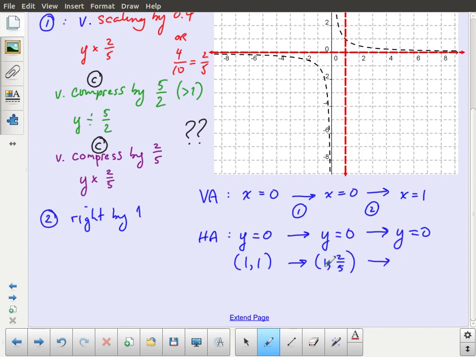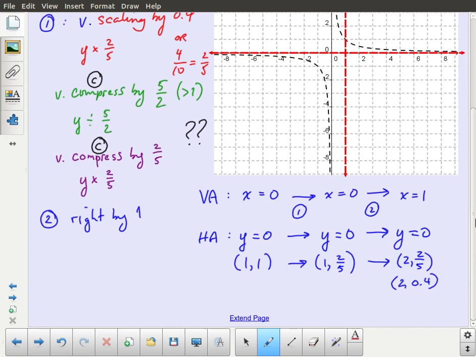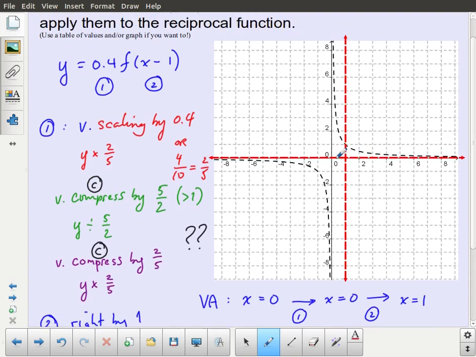And then the second transformation is a shift to the right by 1. So that gives me (2, 2 over 5), which you might think of as (2, 0.4). So where is (2, 0.4)? Here is 2, and 0.4 is, well, it's really hard to see. The point (1, 1) was above and to the right of the horizontal asymptote and the vertical asymptote. So our new point is going to be around there.